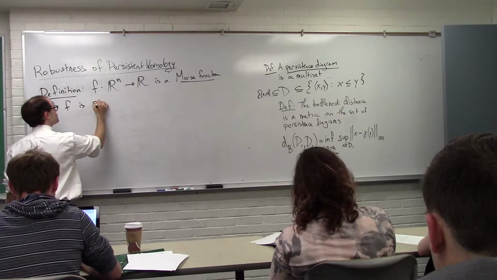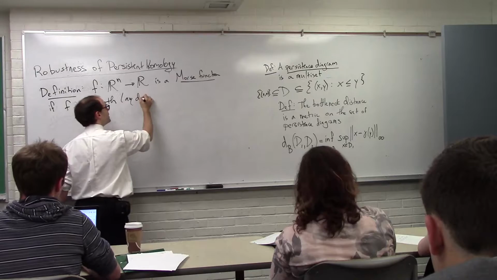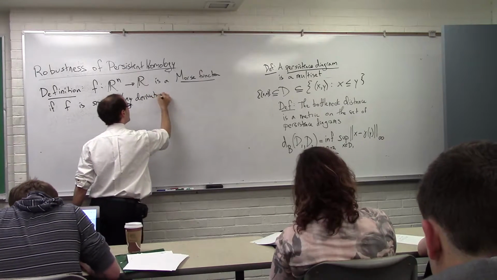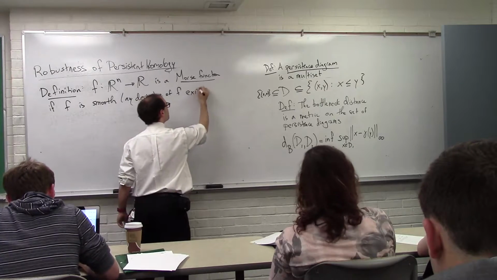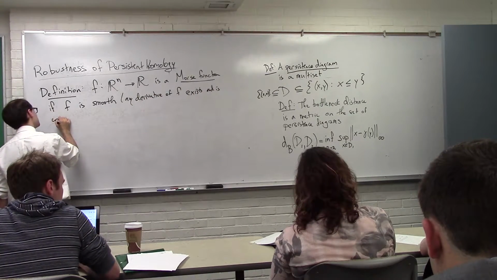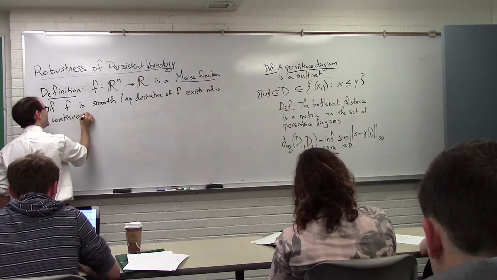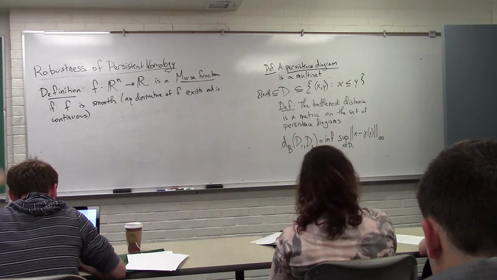F is smooth, which means any derivative of f, including all the partials, exists and is continuous. So take any derivatives you like, they're continuous, all is well there.